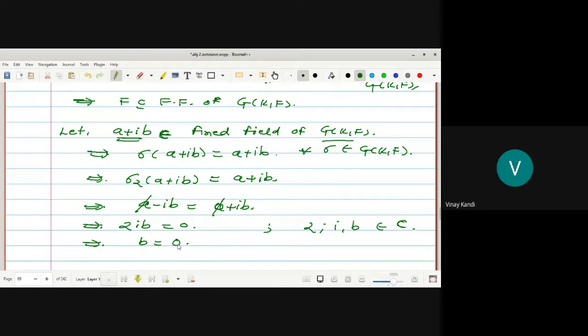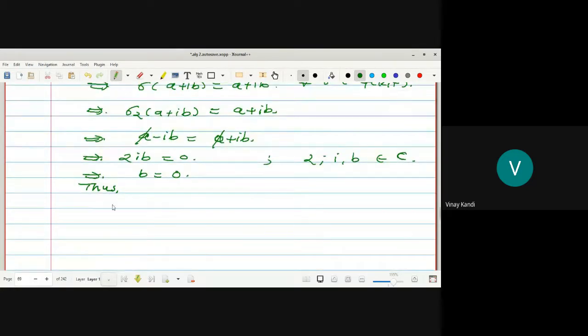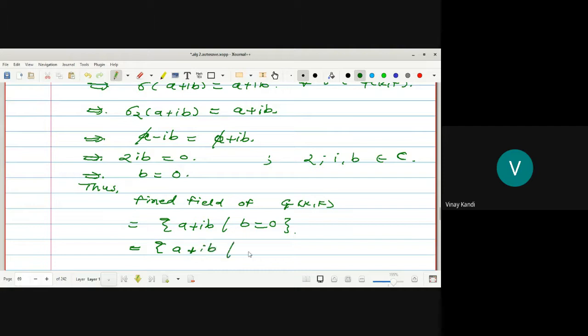Thus the fixed field of GKF is equal to A plus IB such that B is equal to 0, that is, A plus IB such that A belongs to F and B is equal to 0.